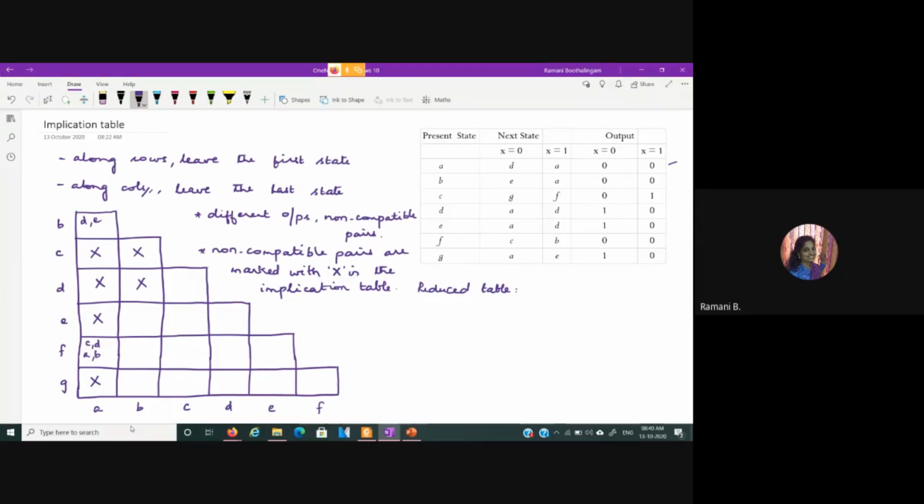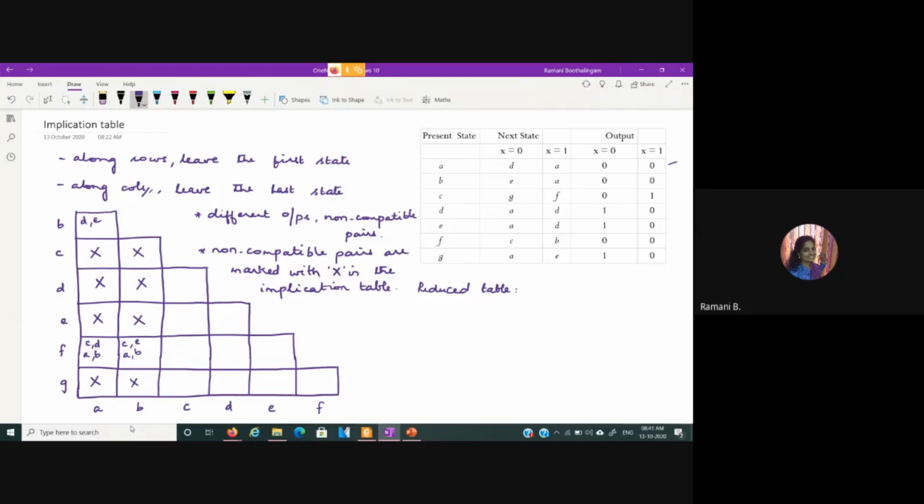Then B with E, outputs are different. B with F, here the outputs are same, and here we have C comma E and A comma B. Then comparing B with G, the outputs are different. So we give an X mark.